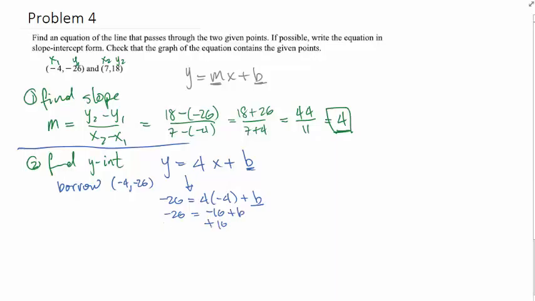Let's add 16 to both sides, and we get negative 10. So our slope is 4 and our y-intercept is negative 10, so we have our equation of the line: y is equal to 4x plus negative 10, so let's just say minus 10.